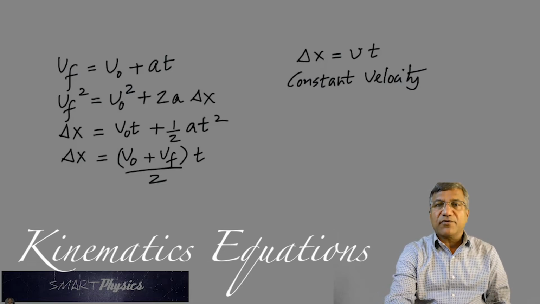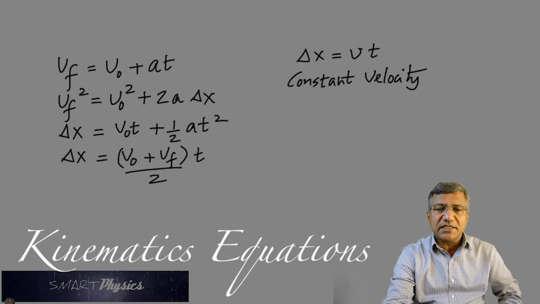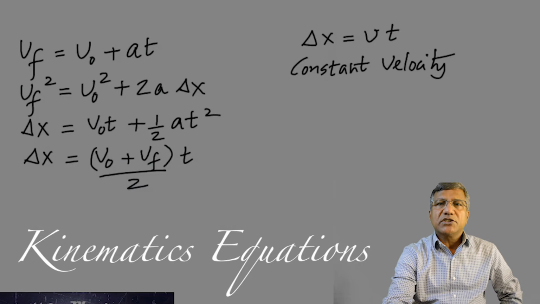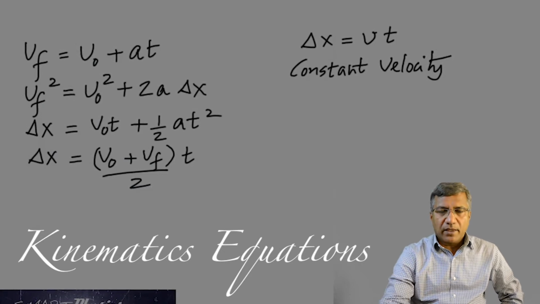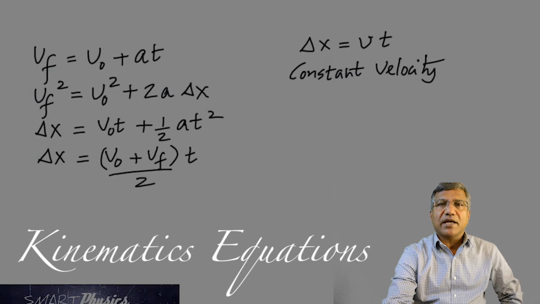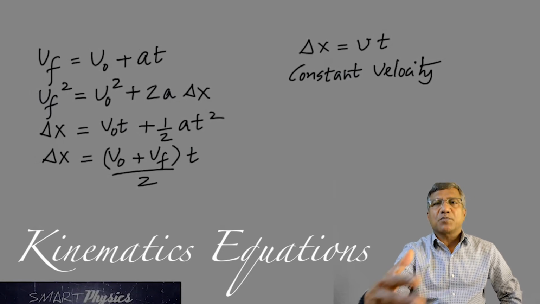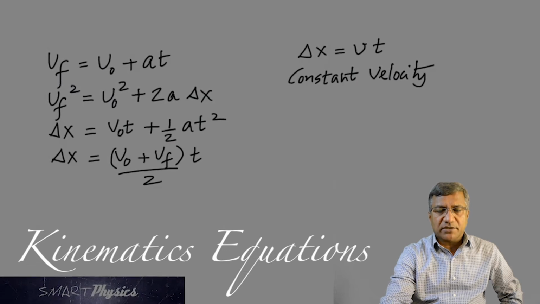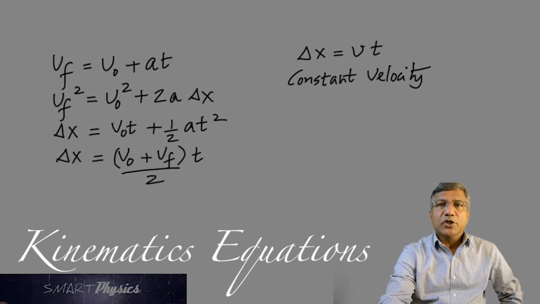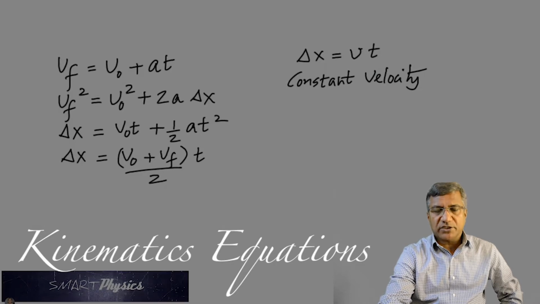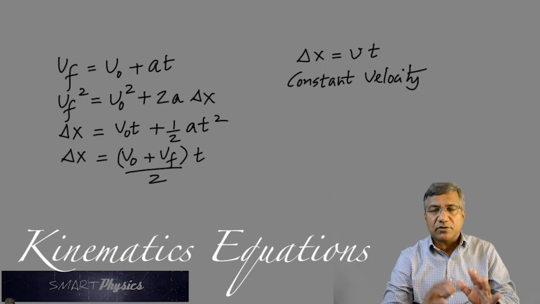Vf is the final velocity, v naught is the initial velocity, a is the acceleration, t is the time. And in this equation you have delta x, which is the displacement. And the third equation, we have no final velocity. In the fourth equation, we do not have acceleration.